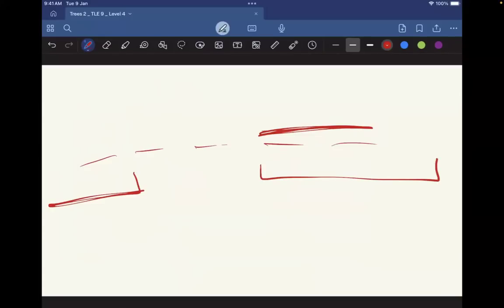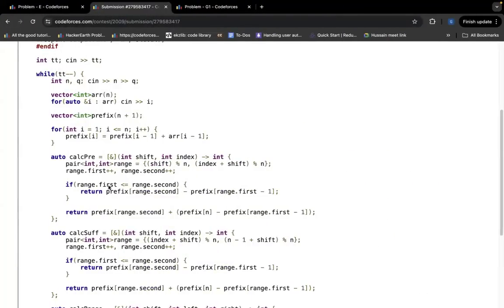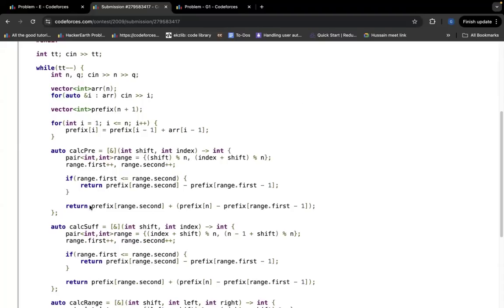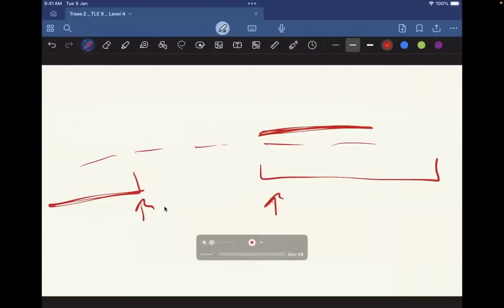Yes. So what do I want to do? I know this index and I know this index because I found it over here. Basically, if range dot first is greater than range dot second, I want all the elements in my prefix. Since this is my R, do you agree?